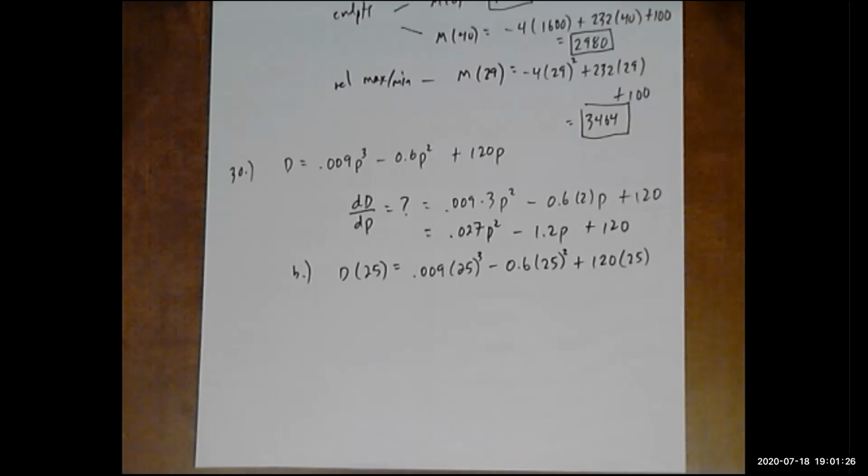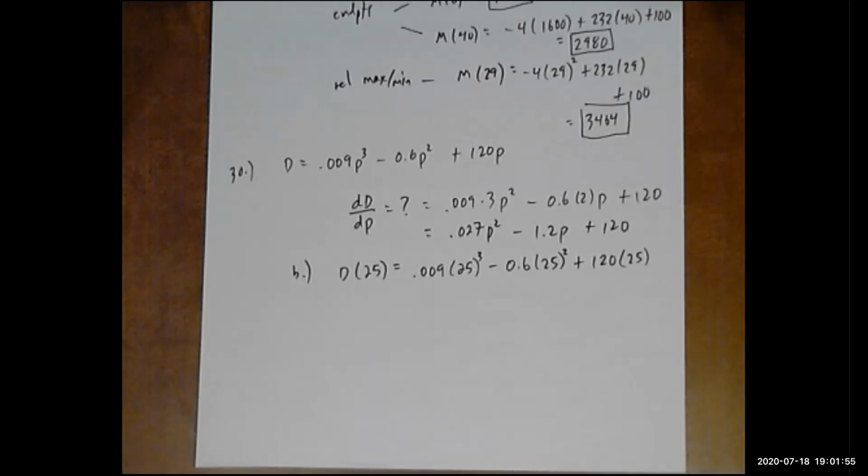25 cubed times 0.009, 25 squared, 120 times 25.